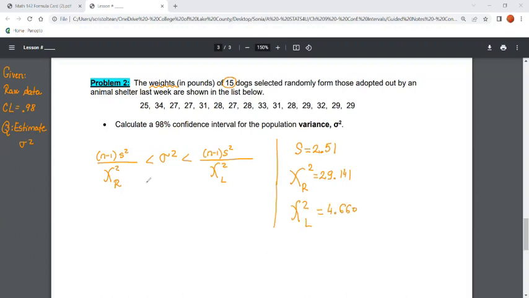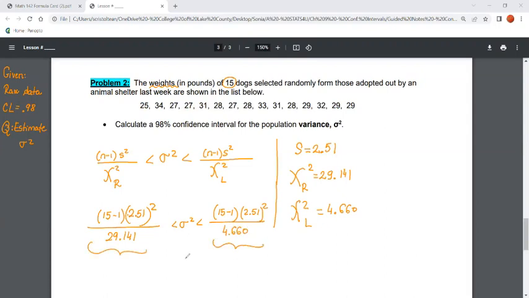Now I have all the components and I'll simply plug in 15 minus 1 times 2.51 raised to the second power all over 29.141, and 15 minus 1 times 2.51 squared divided by 4.660. Using your calculator, you can find these values.